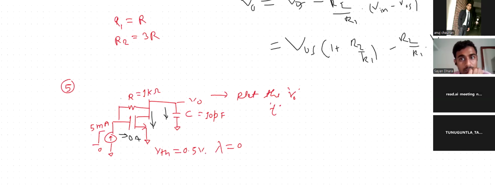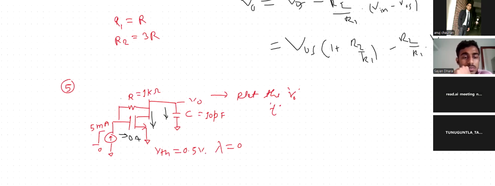So what is the region of operation of the MOSFET initially? Initially the MOSFET will be in the saturation region. Saturation. Why? What is the condition for saturation and what is the condition for linear or triode region of the MOSFET?